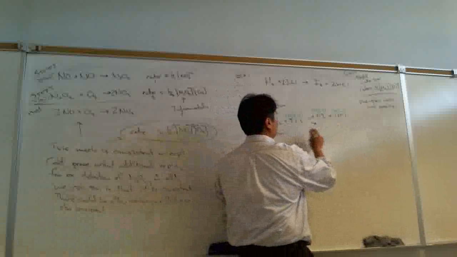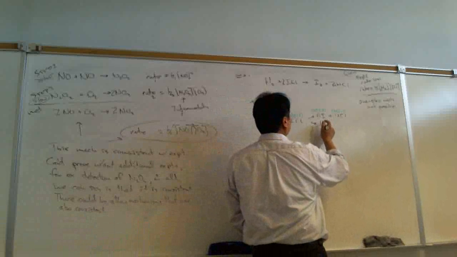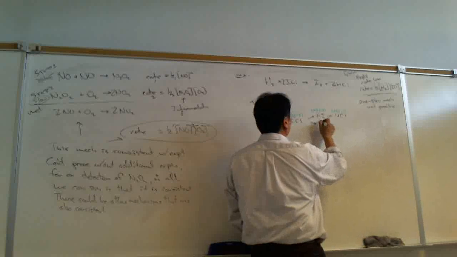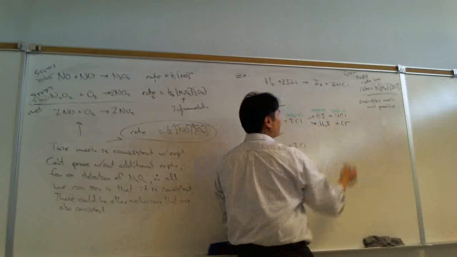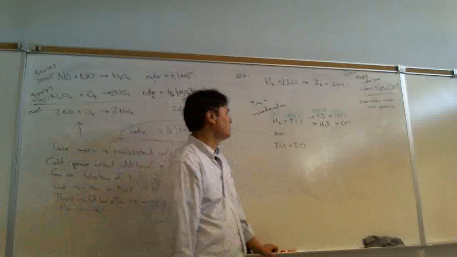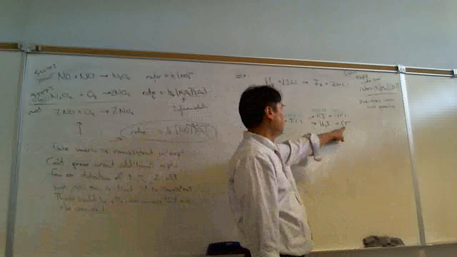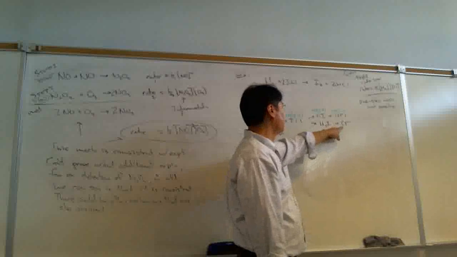If people started doing something like this, then this is going to form H2I plus Cl minus. Something like this makes no sense because Cl minus, and this is neutral, so it gives us a net -1 charge.